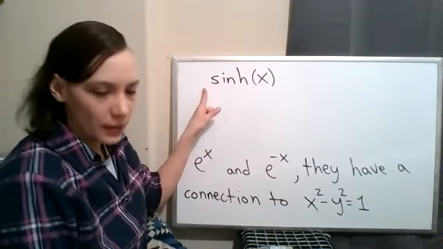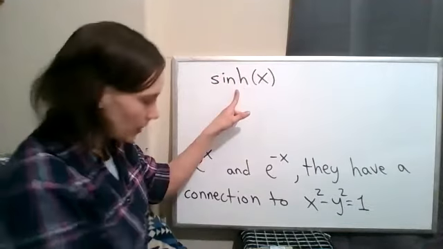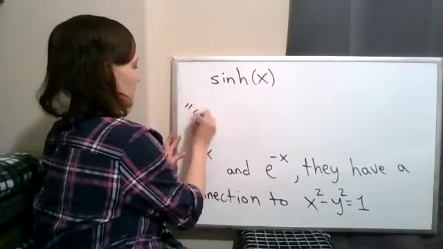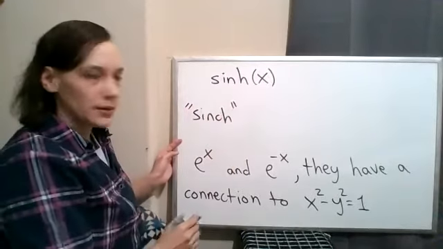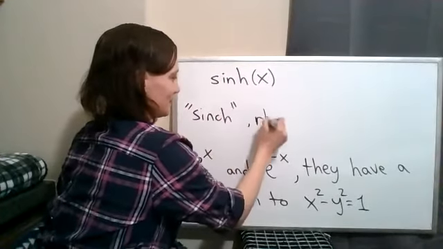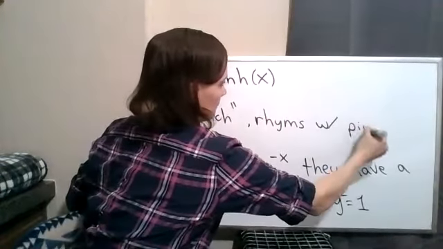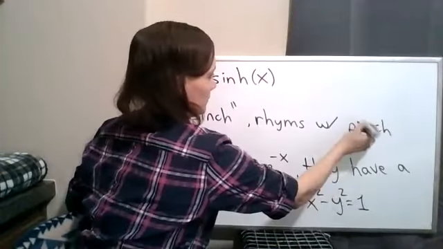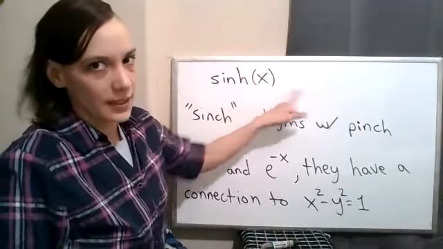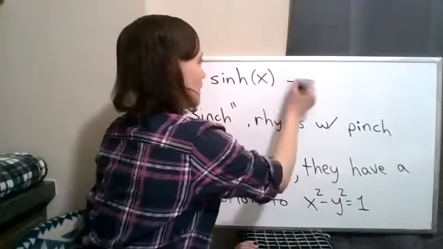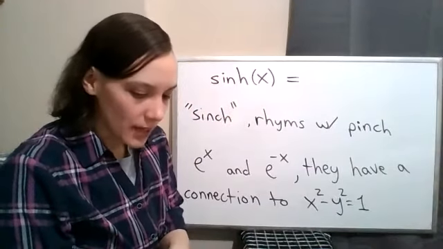An American way, and the way I've written down, is to say it as "cinch," rhymes with pinch. Okay, so cinch of x is equal to e to the x subtract e to the -x, divided by 2.